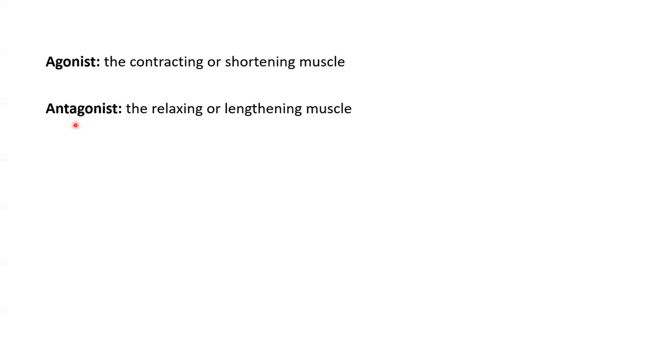If this muscle didn't relax or lengthen, the agonist muscle, the biceps brachii, wouldn't actually be able to perform the movement. So while one muscle is contracting, we typically need another muscle to be lengthening or relaxing to allow that movement to occur. So this is our antagonist muscle.